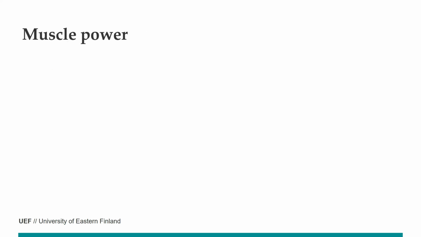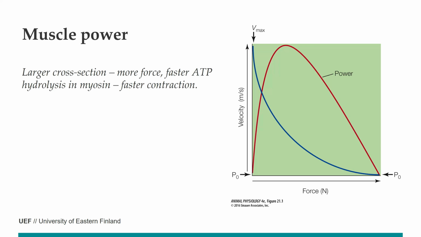Okay, what happens? How can you get as much power from the muscle as possible? If we have a larger cross section, so a larger cell, then of course we can have more contracting elements, and then we can get more force.